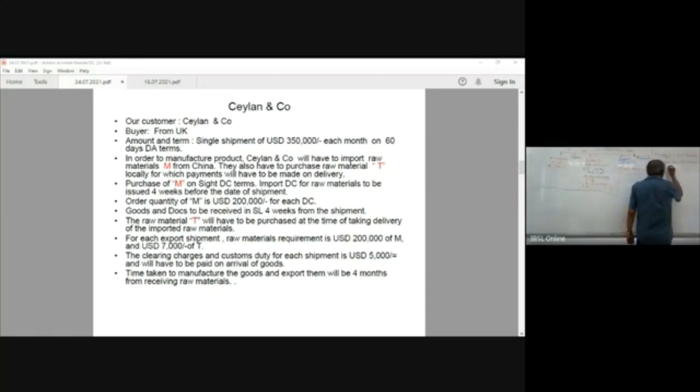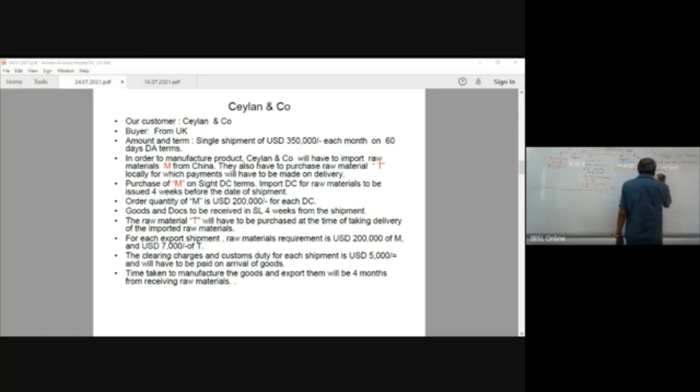Facility 2. What is facility 2? When we receive the goods, $200,000, we have to give a short-term import loan and retire the bill. So this one is a revolving short-term import loan to retire or settle import bills.